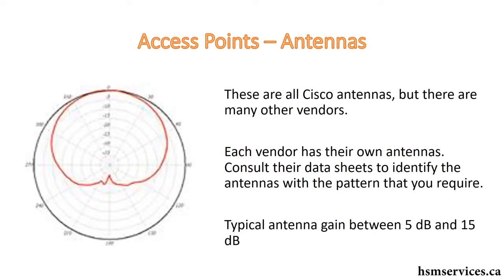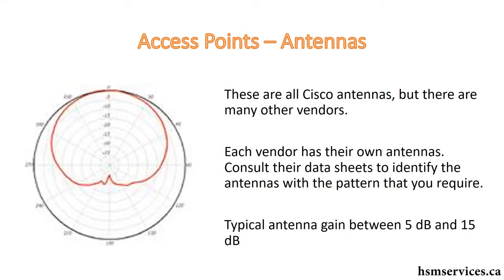So, I mean, we've just covered Cisco antennas here. Not saying that Cisco is the best, but they do make good antennas. Of course, there are many other antenna vendors and many other access point vendors, and every vendor has their own unique antennas and their own data sheets. So you need to find the data sheet for your antenna to figure out exactly what pattern you're going to see.